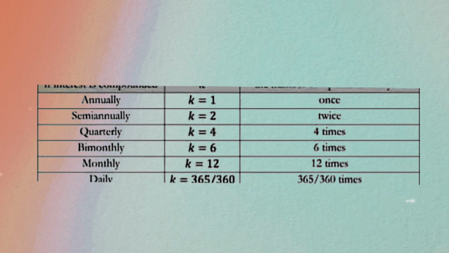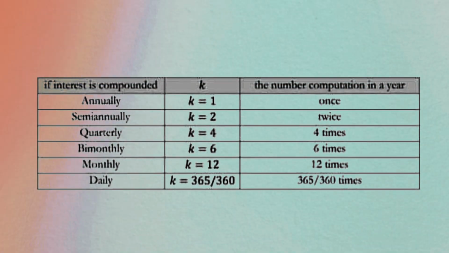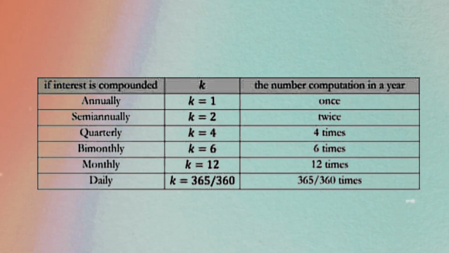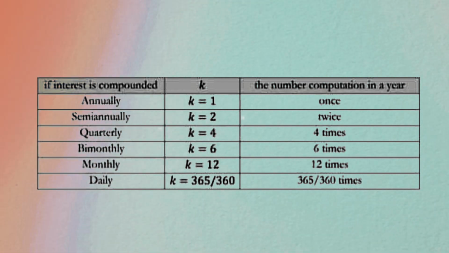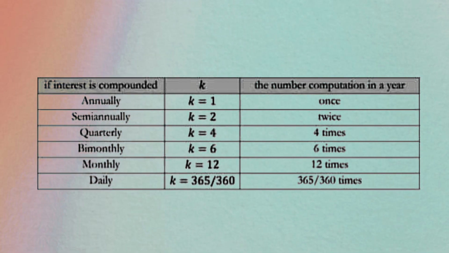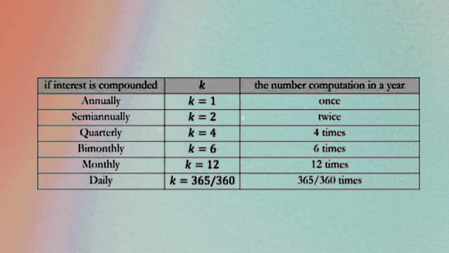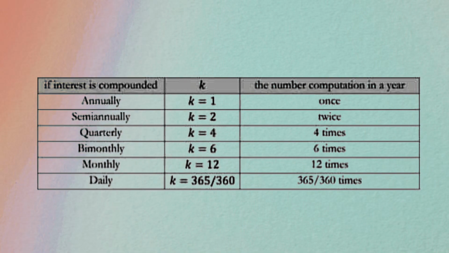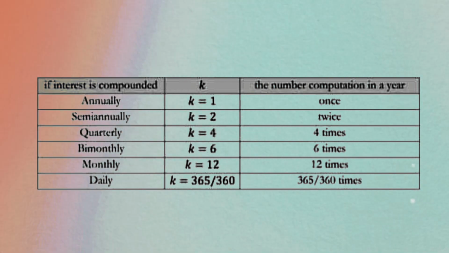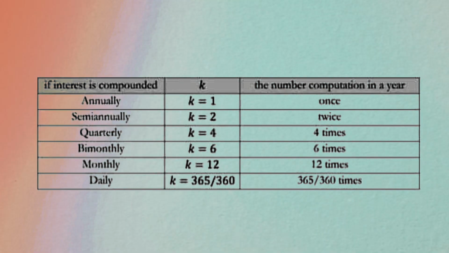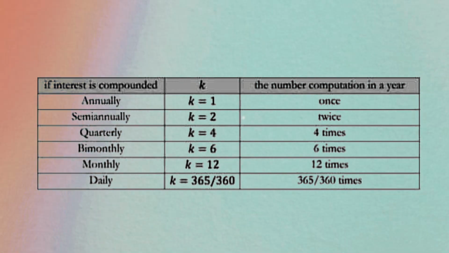If interest is compounded annually, semi-annually, quarterly, bi-monthly, monthly, or daily, the K of annually is equal to 1, K of semi-annually is equal to 2, K of quarterly is equal to 4, K of bi-monthly is equal to 6, K of monthly is 12, and K of daily is 365 or 360.